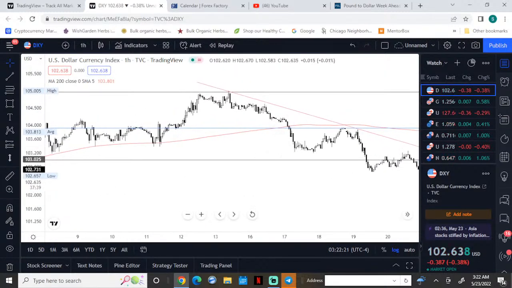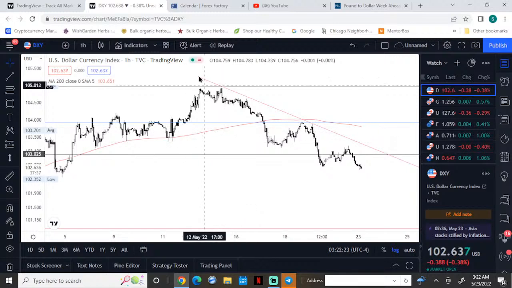What we got? What we got? We got a double top. One here, one there. Price fell, broke through the zone, came back up, retested, another double top, dropped.